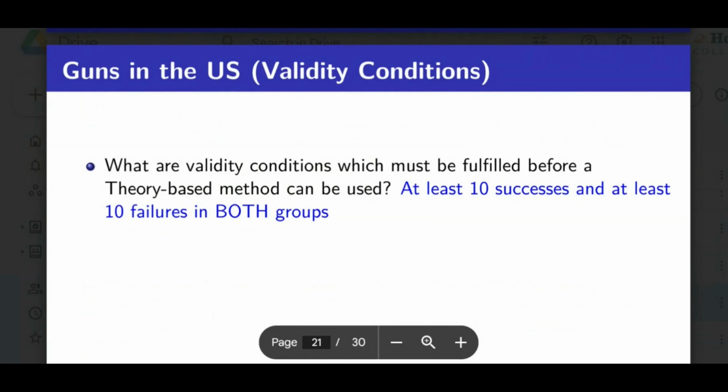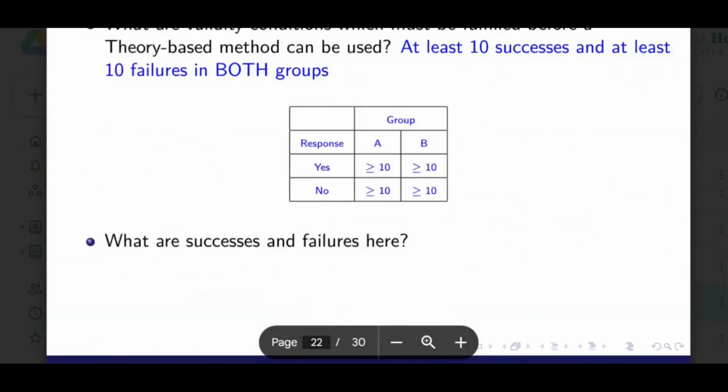The only difference between what you know from last time and what we are learning today is this has to be true for both groups. Among the men, you need to fulfill the VC, and among the women, every group must fulfill the VC. Now, if you learn visually, here's a picture. Your data table should look like this.